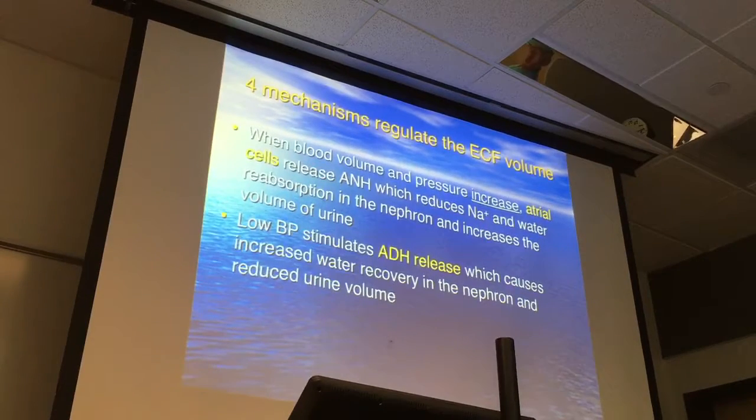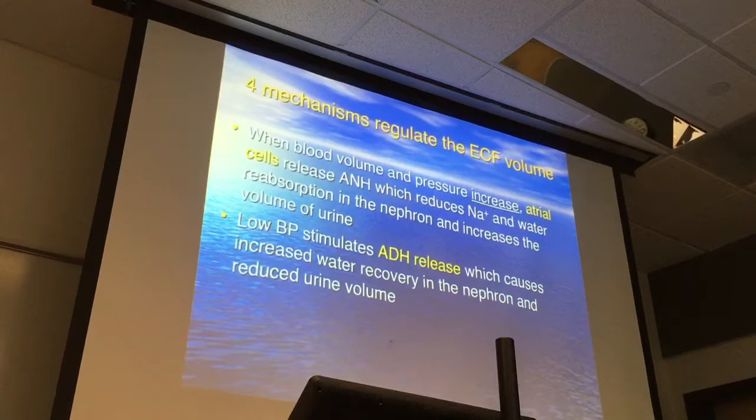But where did we start? Blood pressure too high because blood volume's too high. And ANH is going to reduce sodium and water reabsorption and increase the volume of urine. You're losing water from that blood volume and eventually decrease blood pressure.